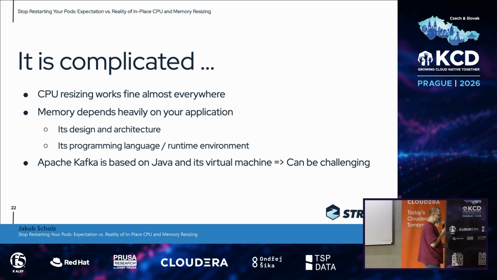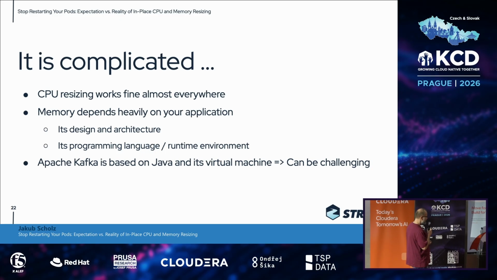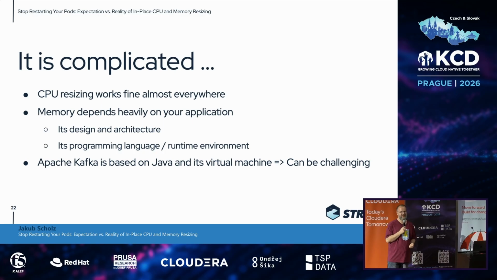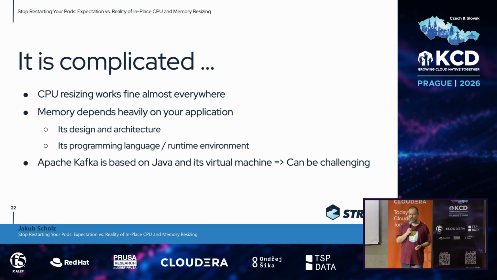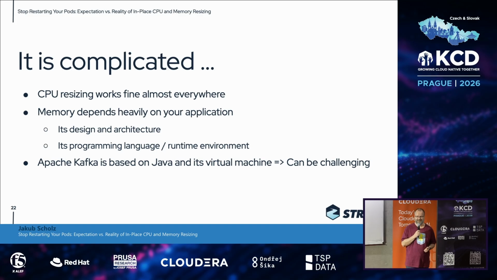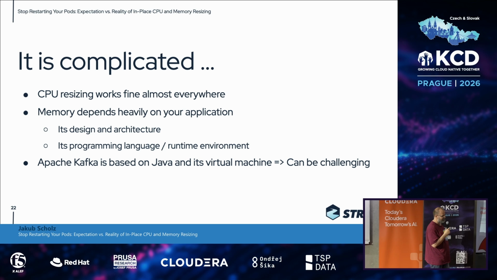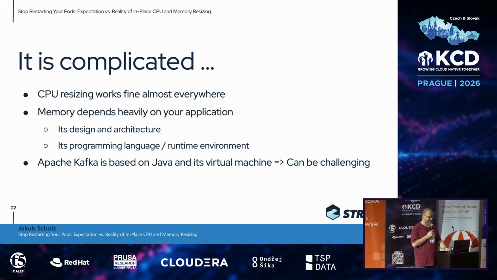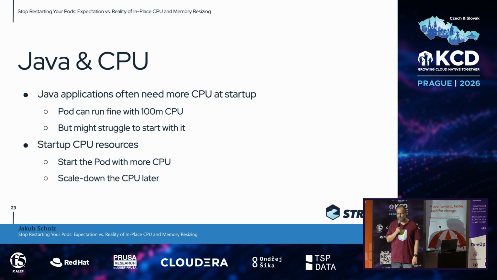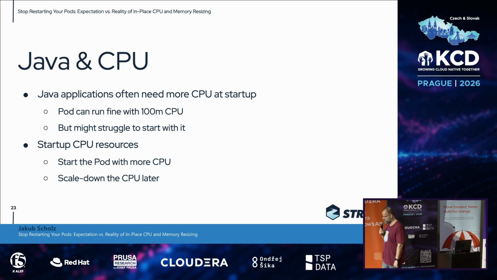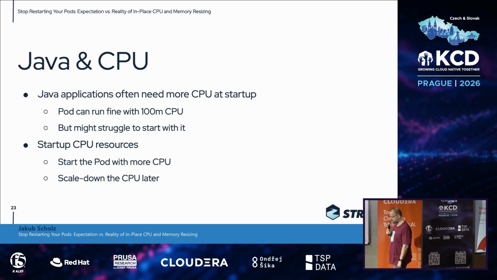So you need to know these things, and Kafka is actually written in Java, which is probably one of the more challenging languages for this, but again, it's not completely different from other languages, so a lot of the stuff applies everywhere. So first thing, let's briefly touch on Java and the CPU.